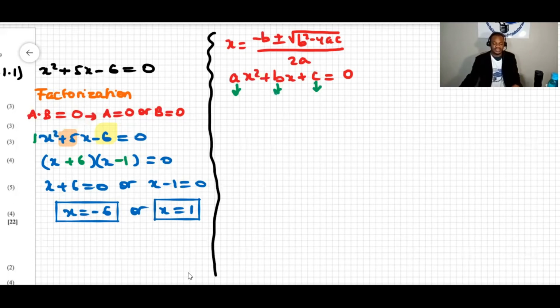So we can see that a is 1, b is 5, and c is 6, right? Not exactly, it's -6, because we take the number together with its sign.